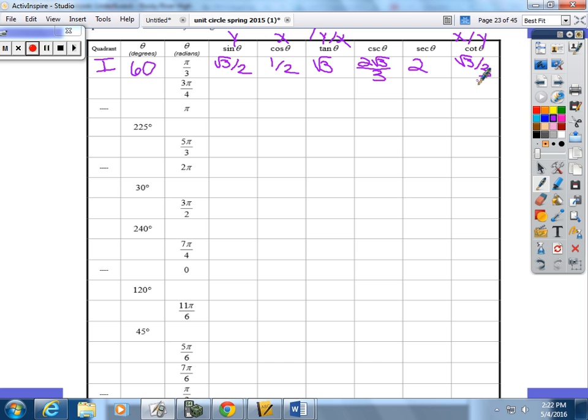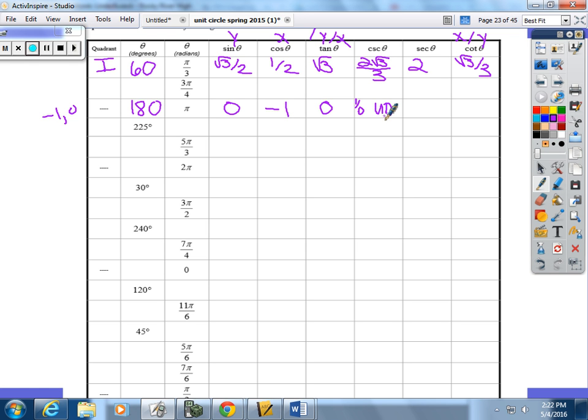Don't forget when you do the key angles like pi, that one is (-1, 0). So my sine is 0, my cosine is -1, my tangent is 0. Now, when you do your reciprocal of 0, that would be the same as doing 1 over 0, and that's undefined.